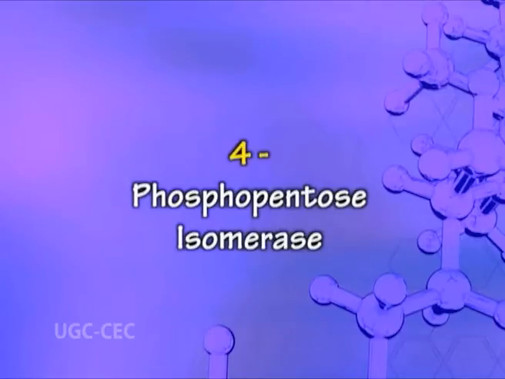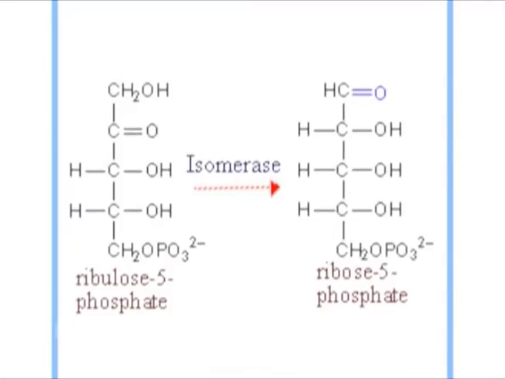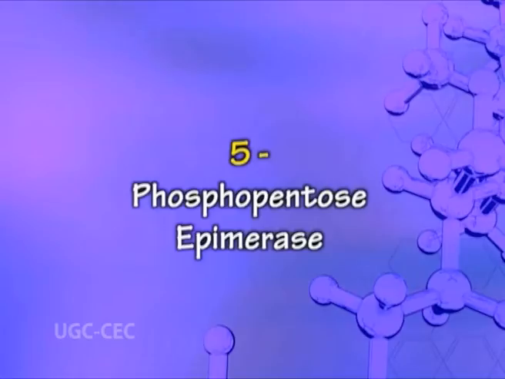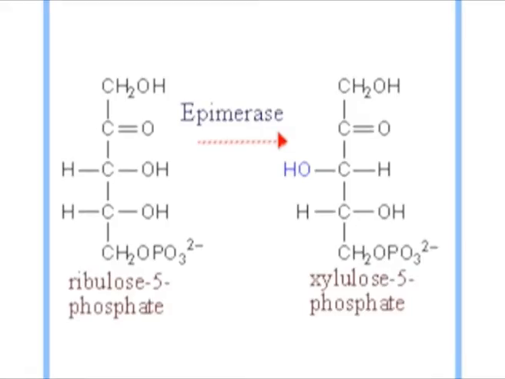Number 4. Phosphopentose isomerase converts the ketose ribulose 5-phosphate to the aldose ribose 5-phosphate. Number 5. Phosphopentose epimerase interconverts the stereoisomers ribulose 5-phosphate and xylulose 5-phosphate.